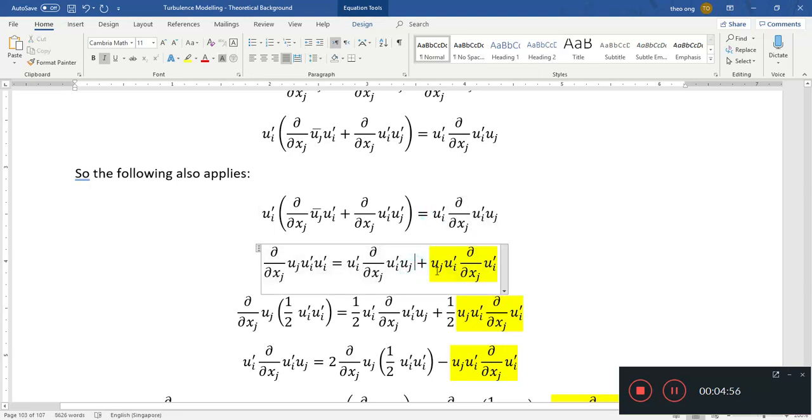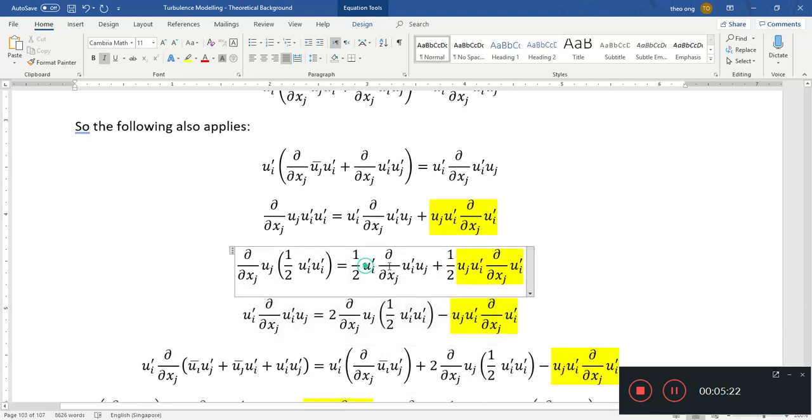Then this extra term I highlighted in yellow pops out, and what I want to do is to try and make this thing look like some subgrid scale kinetic energy. So I multiply by half throughout, resulting in this, and this is where my subgrid scale kinetic energy will come from. And since this is the term that I want to kind of substitute out, okay, I will have this term and I'll bring it to the other side.